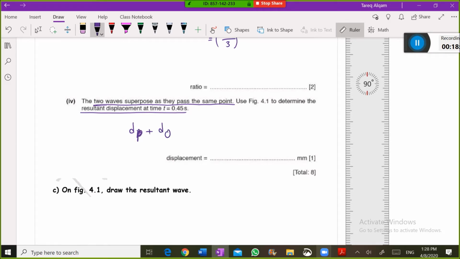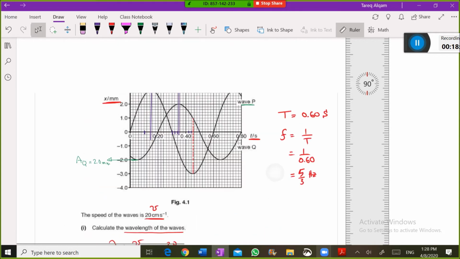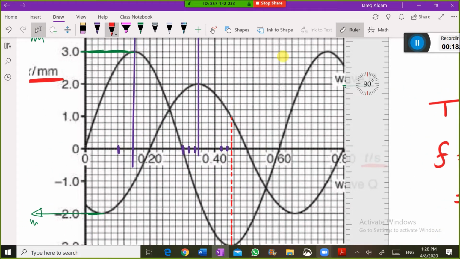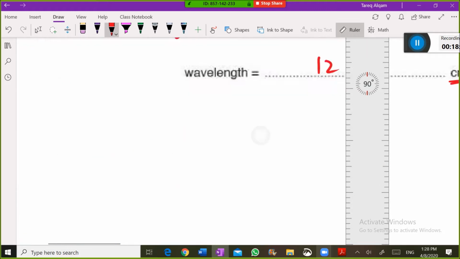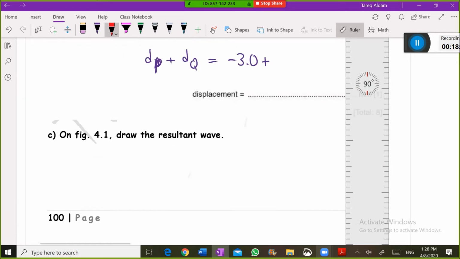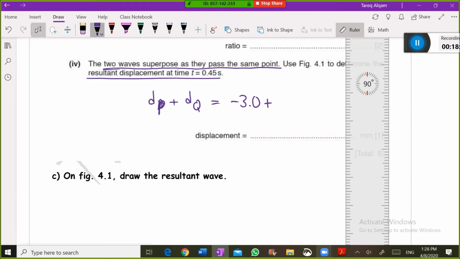Of Q. P was negative 3, and Q, how much did we find? We have to find the Q. 1, right? Q is 1. So negative 2.